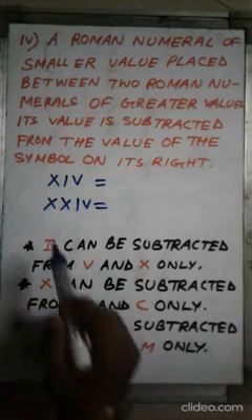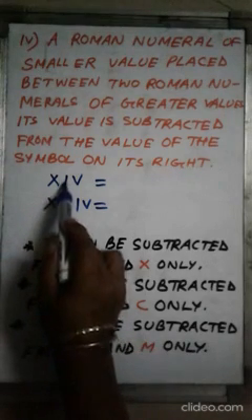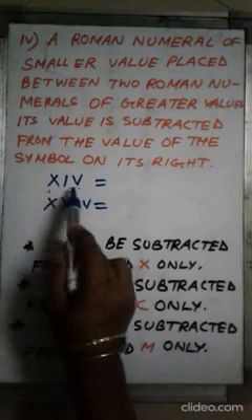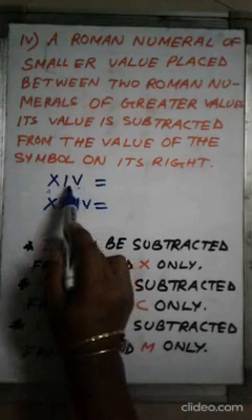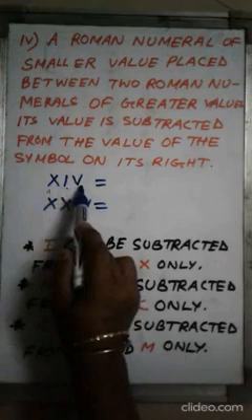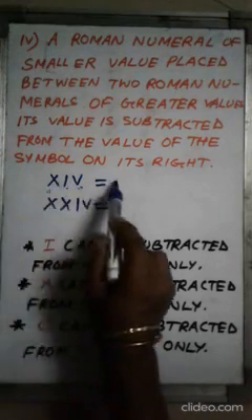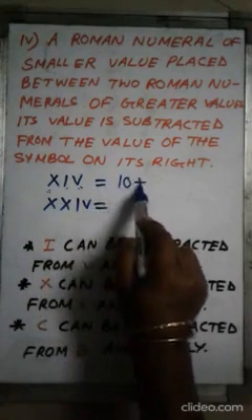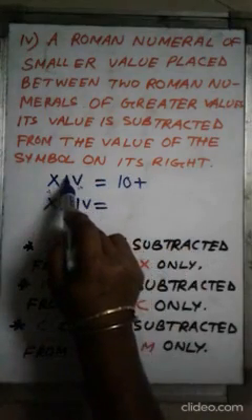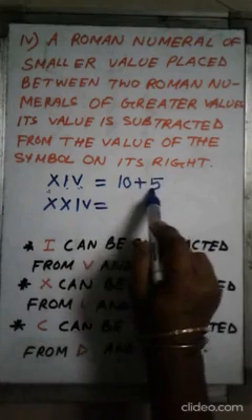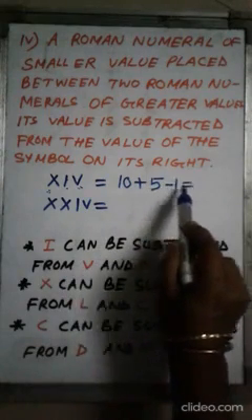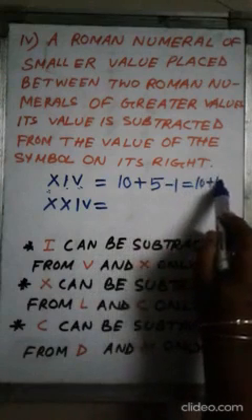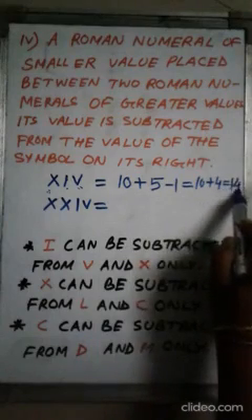That means if a smaller value is in between two greater values, we subtract this value from this one and add the result to this one. So X is 10 plus, from this value we subtract this: 5 minus 1. So 10 plus 4 is equal to 14.